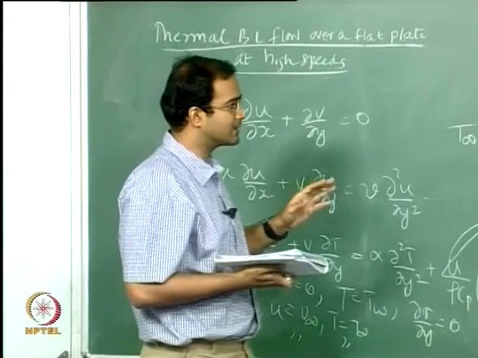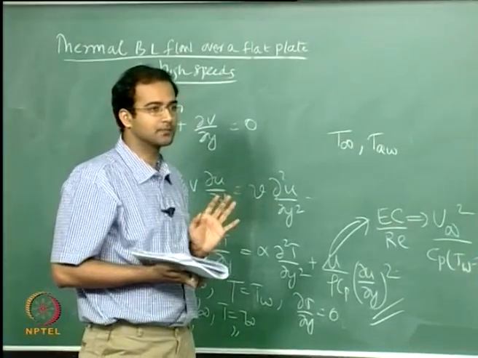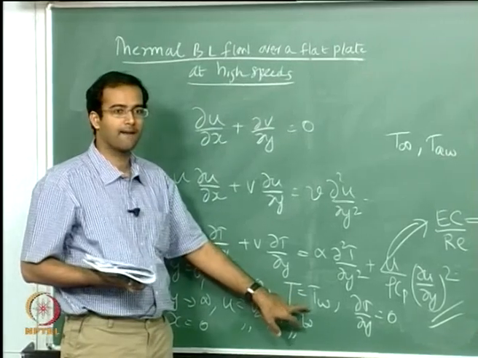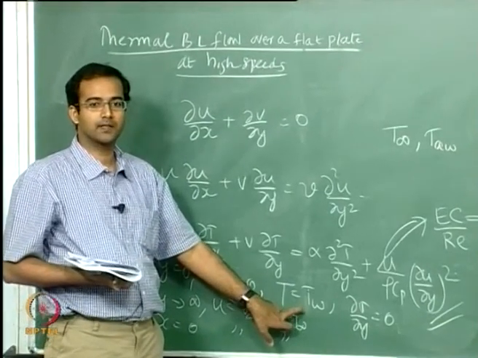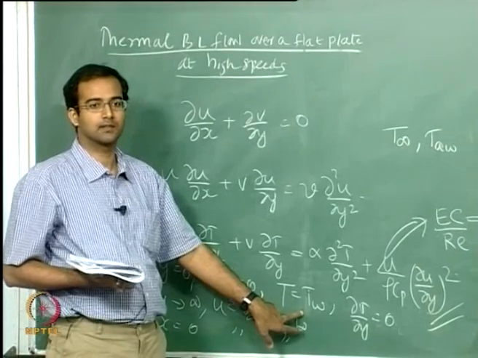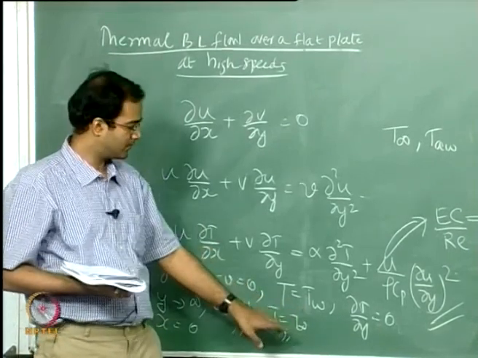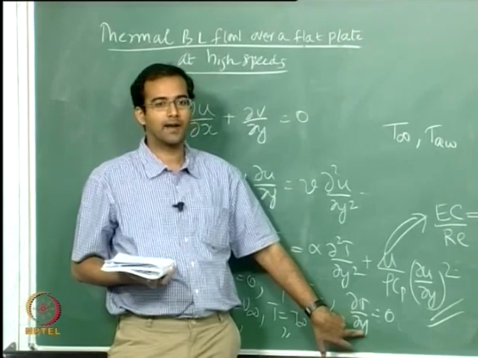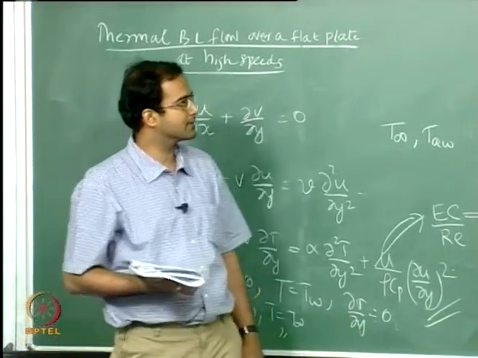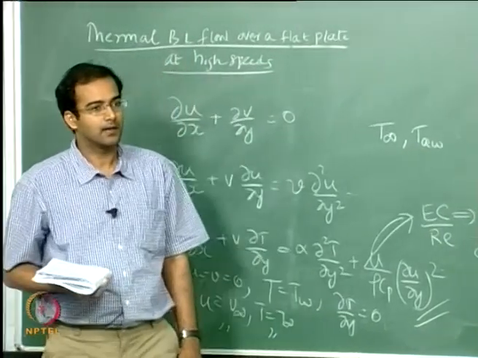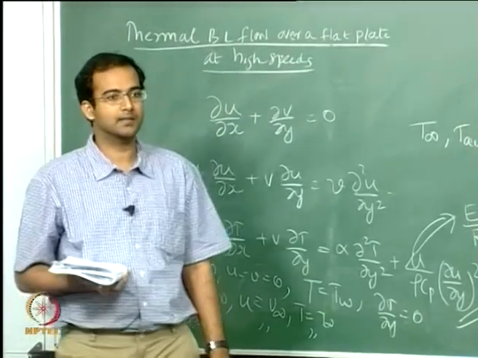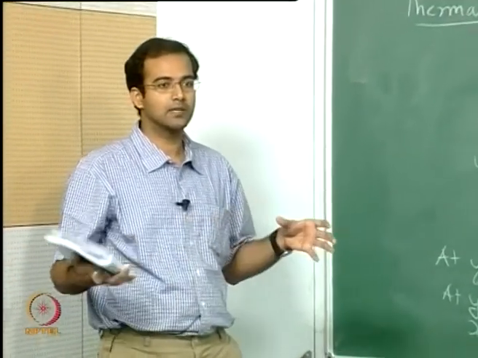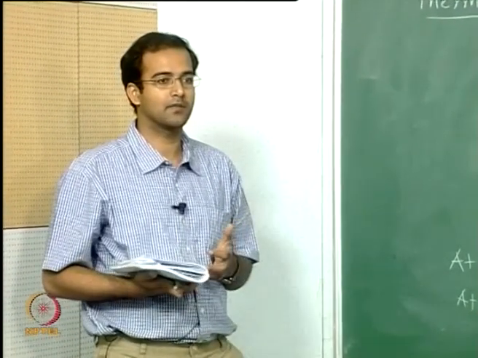Therefore we will split this problem into two sub problems, one in which we have T equal to T wall, for which we have already derived the similarity equation, the Pohlhausen equation. The other problem is where you have only the adiabatic boundary condition. Finally, if you look at the energy equation, since this is quasi linear and also the boundary conditions are linear, we can safely say that the solution can be split into two solutions and we can combine them in some linear fashion.